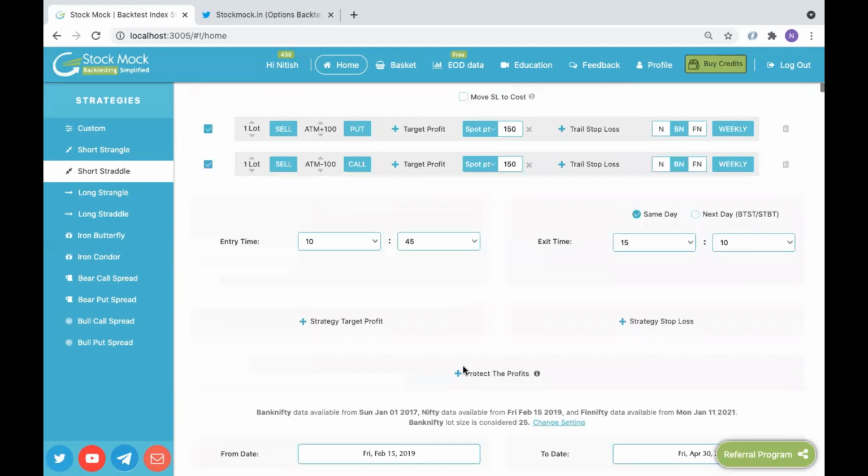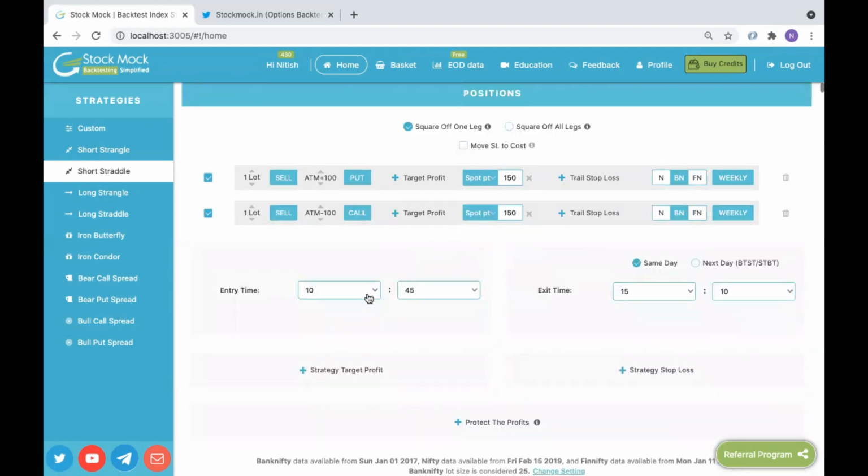In beta testing, what people did is they entered a little late. After 12:30 they entered, saying they expect the market not to move much, and if it is moving, it is actually predicting its direction. So they backtested it like this for a 2 hour window.